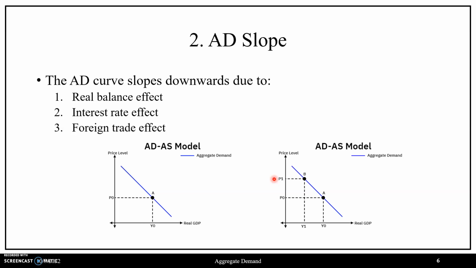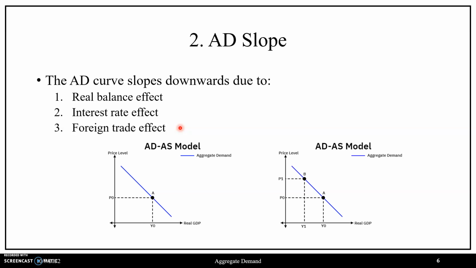With a higher interest rate, this then corresponds to disincentivizing agent borrowing in the economy, where with decreased borrowing going on in the economy, this will correspond to a decrease in quantity demanded with respect to real GDP, moving us from Y0 to Y1, which will lead us back to point B on our aggregate demand curve, where once again we see that the price level increased, and we see quantity demanded with respect to real GDP decreased, or in other words, there's that negative relationship between the price level and quantity demanded in terms of real GDP.